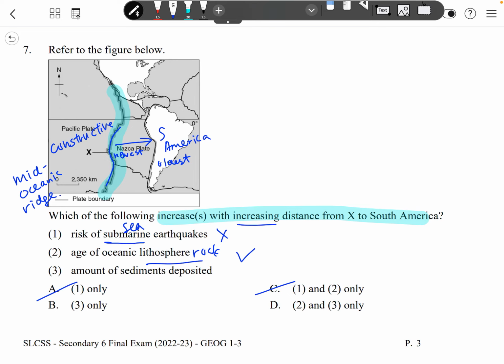The amount of sediment deposit: because the plate moves towards X, the amount of sediments also increases, and the sediments are deposited along the plate boundary at the South American plate. So the answer is also correct. The answer will be D.